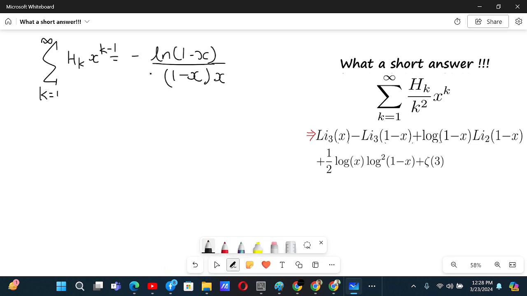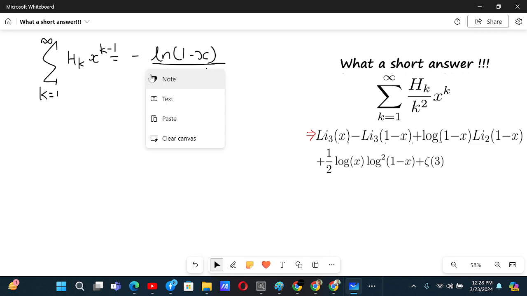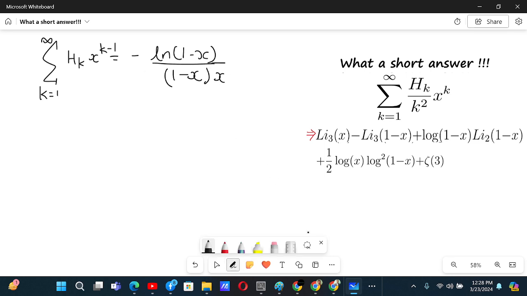Now let's make this variable x into t. It doesn't really matter, so that later on we integrate from 0 to x, and that will be fun. That makes the expression minus ln(1 minus t) by t(1 minus t).